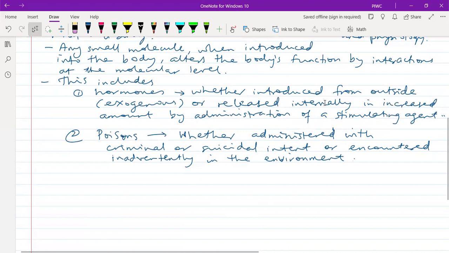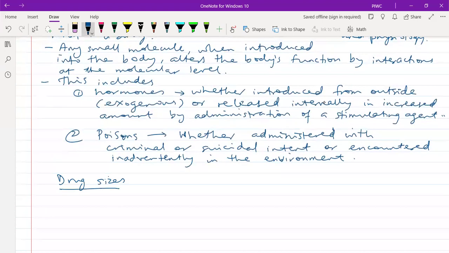Now I want to look at the different sizes for drugs. Okay, drugs come in varying sizes. So drug sizes. So they are variable. They vary in molecular sizes.